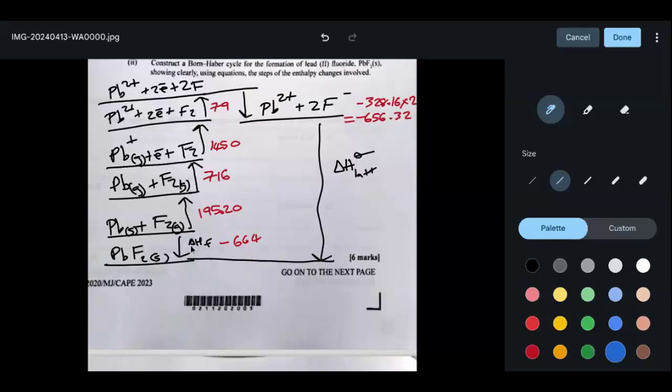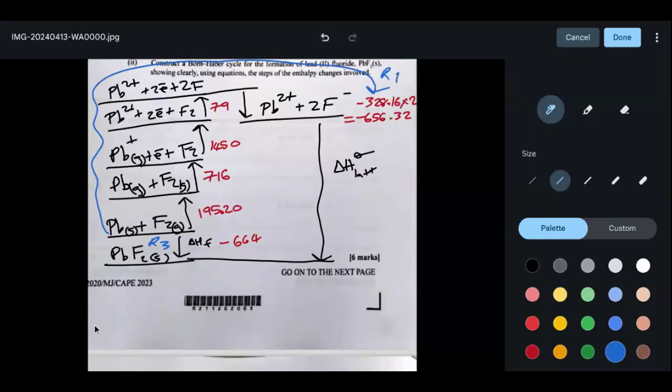And then where do we get the next R? It's everything from the atomization all the way to the electron affinity. So let me call that R1.